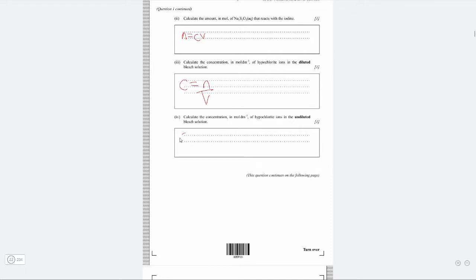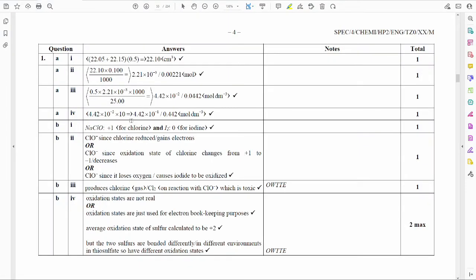Or you could use C1V1 = C2V2. Then we have these two values, and we know the initial volume, and then you solve for C1, and it should be 10 times as much. So the mark scheme, yeah, they just straight up multiply by 10. So you just get 10 times the concentration.